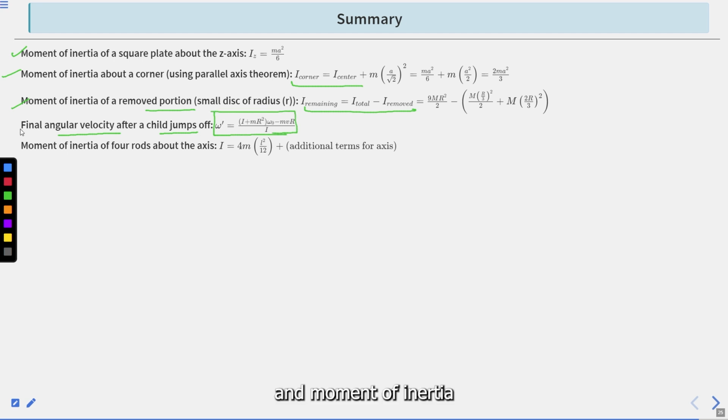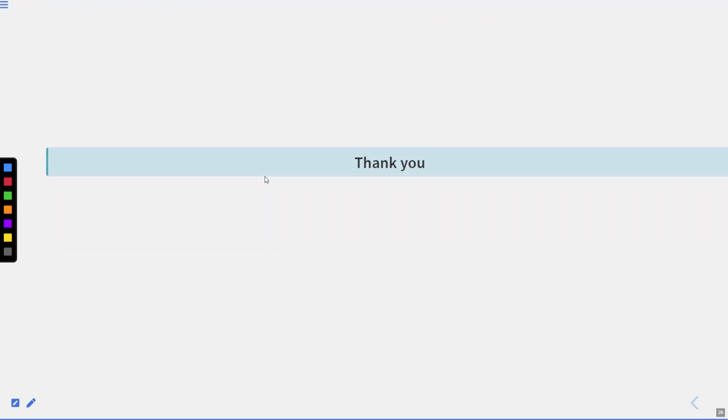The moment of inertia of four rods about the axis is 4m multiplied by L square divided by 12 plus additional terms for the axis. So we solved and learned some questions based on rotational motion. Thank you.